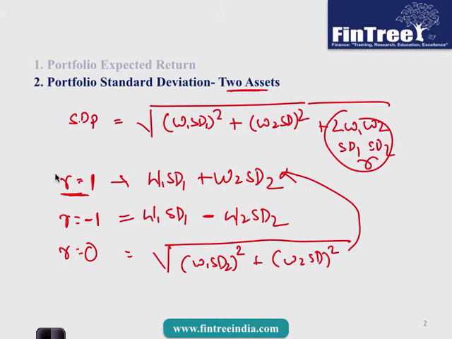Okay, these are different values. The lowest portfolio standard deviation will be achieved when correlation is -1, the highest portfolio standard deviation when correlation is +1, and 0 would be between these two values.